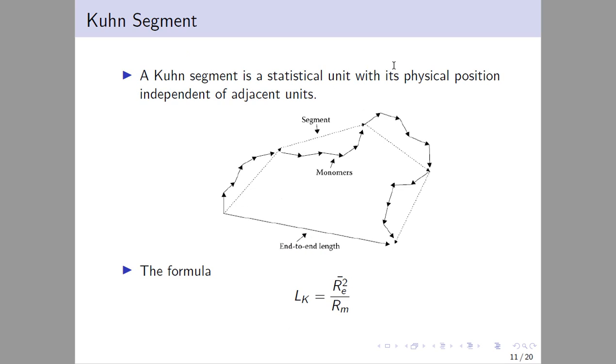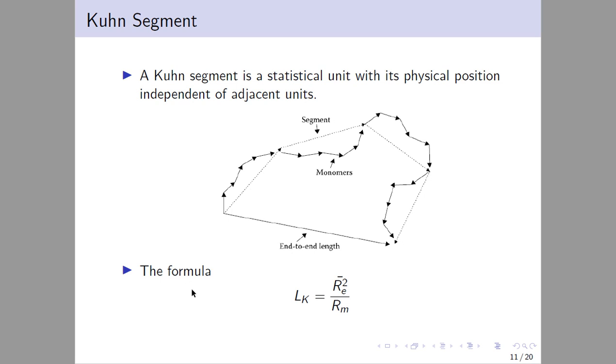And a Kuhn segment. Okay, a segment is a statistical unit with its physical position independent of the adjacent unit. So here, one segment, we can get this length, this length, and this length.